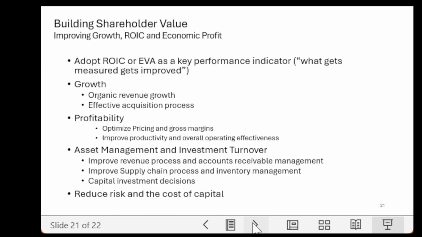We can also think about reducing risk by reducing volatility that the company has, and perhaps restructuring the capital base.